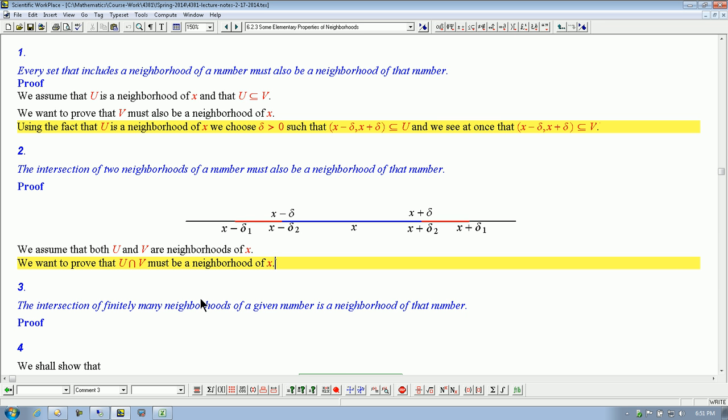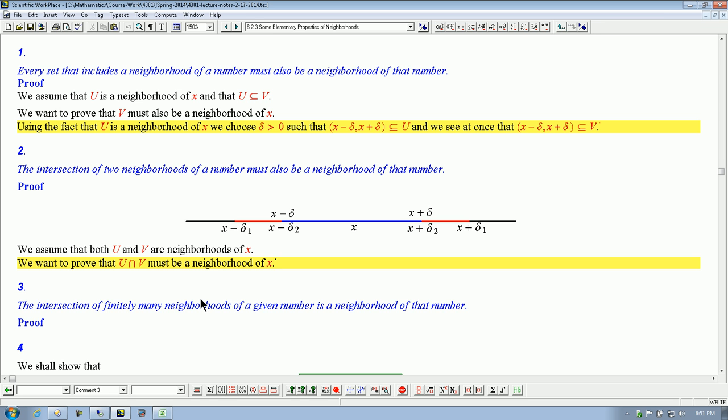There exists, right? That's what the definition says. There exists delta. You can't talk about delta until you've introduced that it is possible to find it. And when something exists, you say choose.